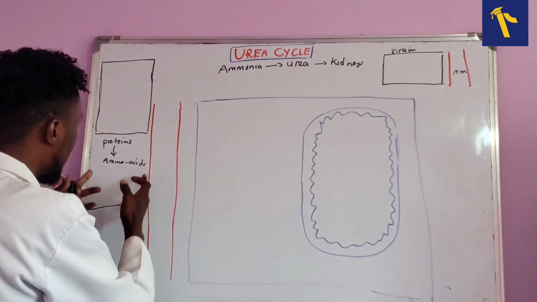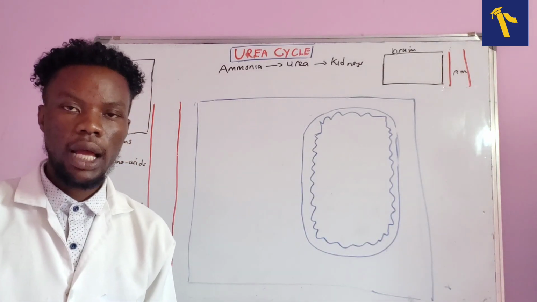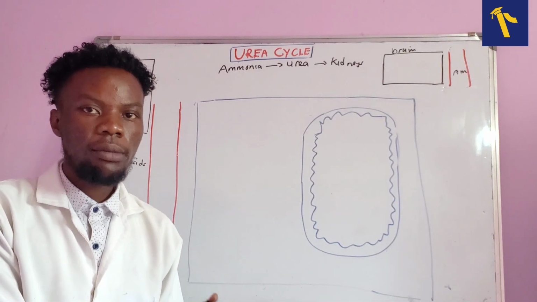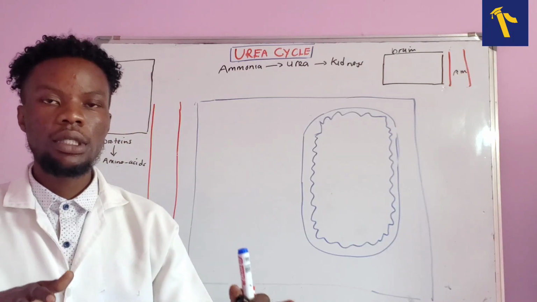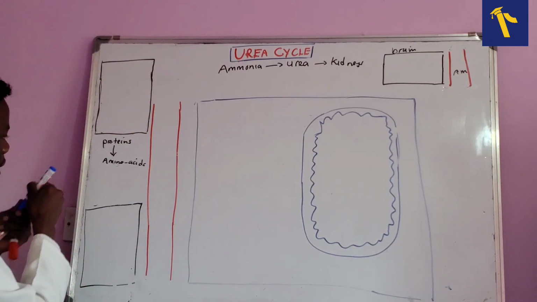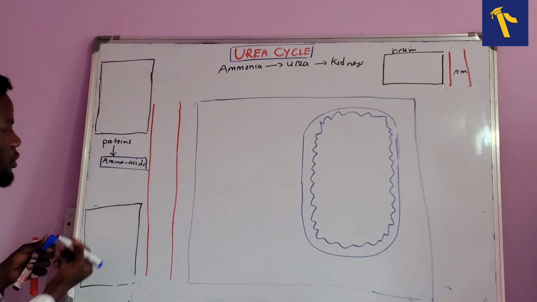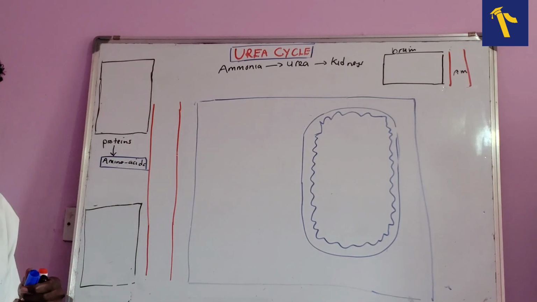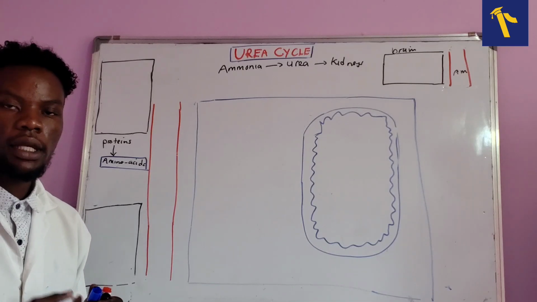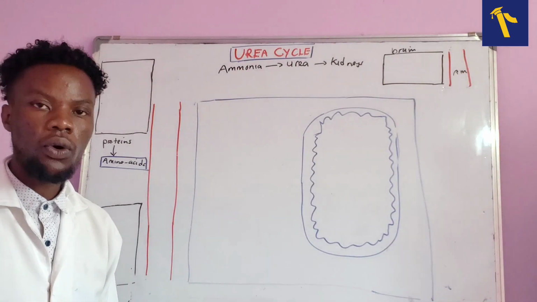And these amino acids can come from the gastrointestinal tract, be absorbed into the bloodstream and taken to different tissues or organs. So after the digestion of proteins, we're going to have amino acids, and these amino acids are going to be taken up by different body organs or tissues.